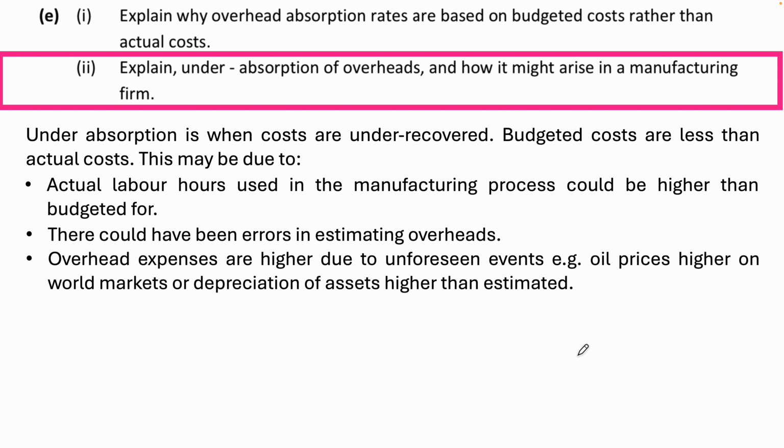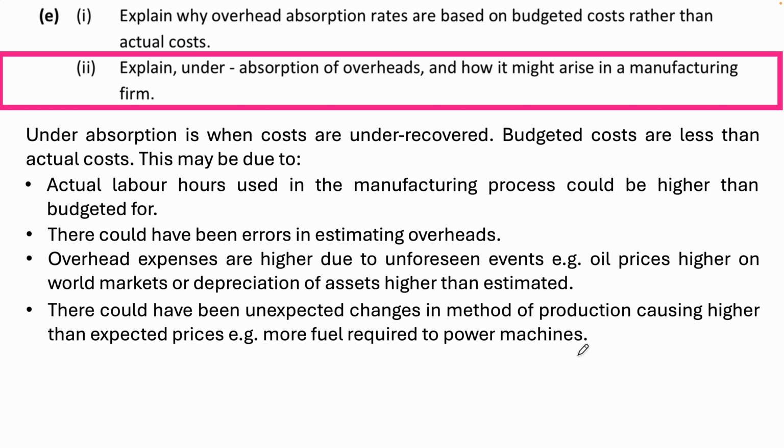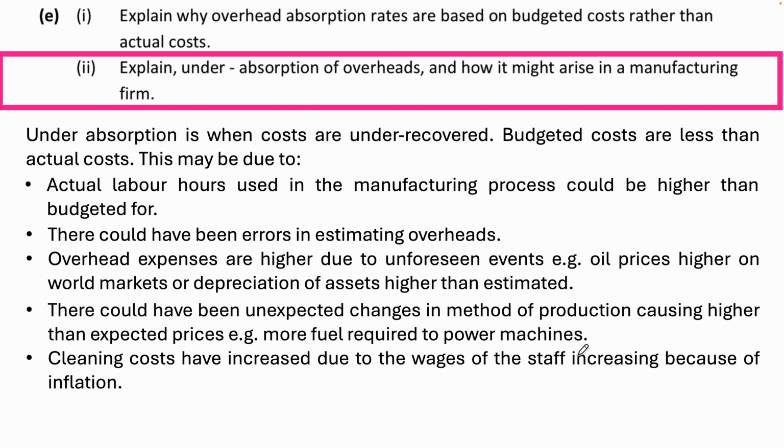Overhead expenses are higher due to unforeseen events, for example, oil prices higher in world markets or depreciation of assets higher than estimated. There could have been unexpected changes in method of production causing higher than expected prices. For example, more fuel required to power machines. And then cleaning costs have increased due to the wages of the staff increasing because of inflation.